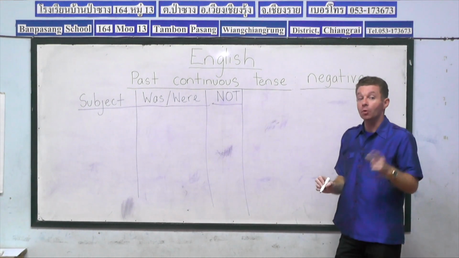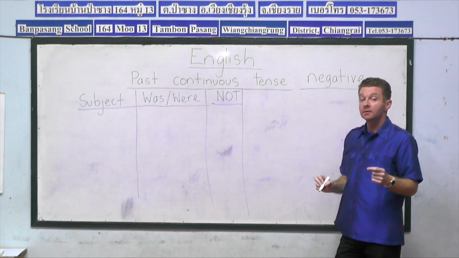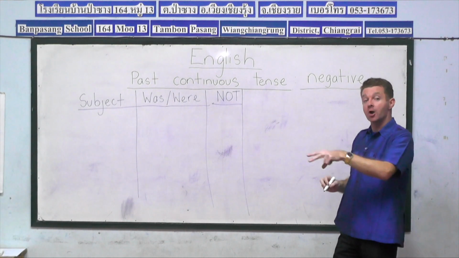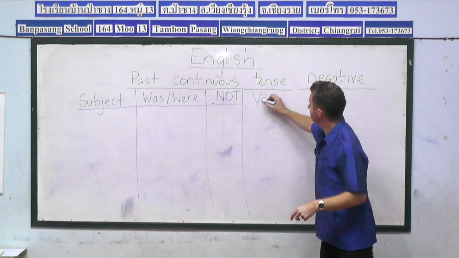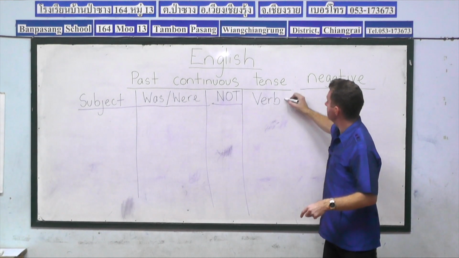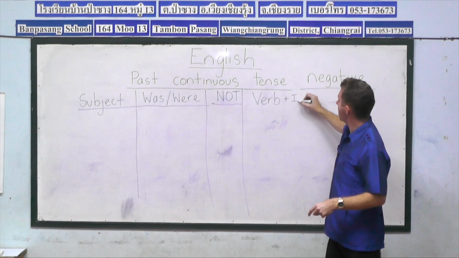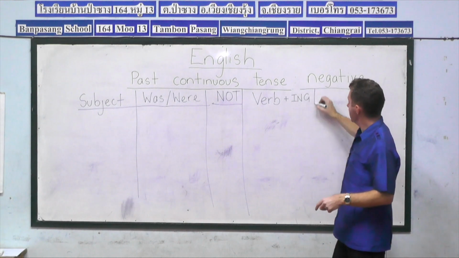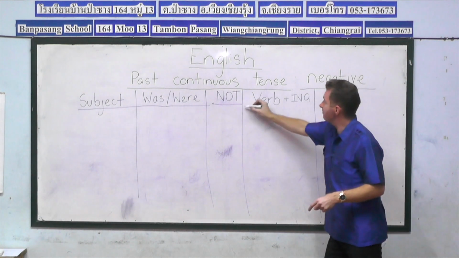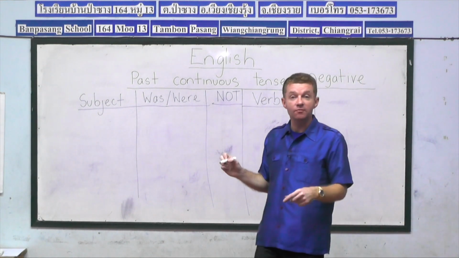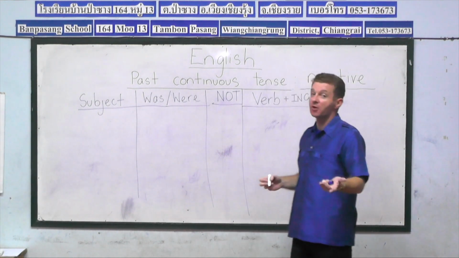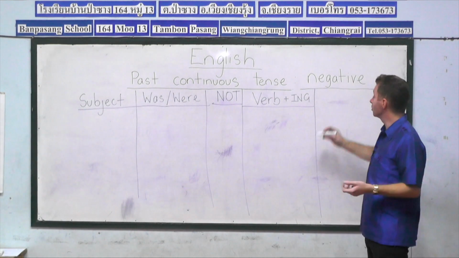Then, what comes after not? The verb. Then we get back to the verb word plus ing. V-E-R-B plus ing. Excellent. And finally, what type of word can we use after the verb? Activity or verb complement to describe the thing we were doing.